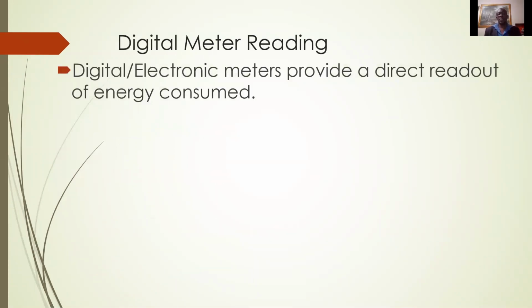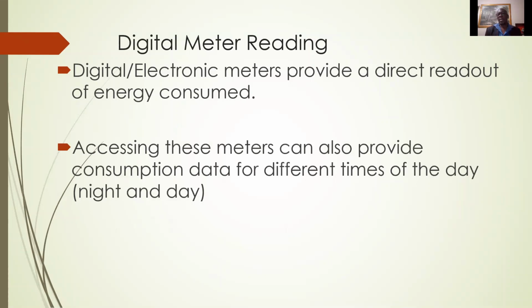Now, digital meter reading. Digital meters, or electronic meters as they are sometimes called, provide a direct readout of the energy consumed. And accessing these meters can also provide consumption data for different times of the day.